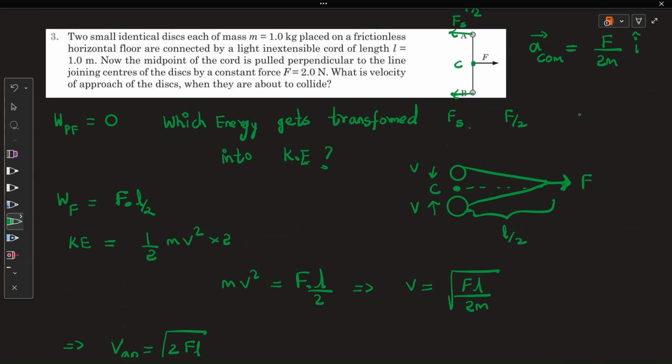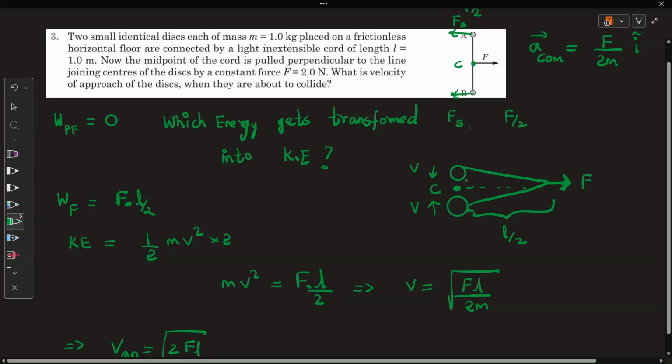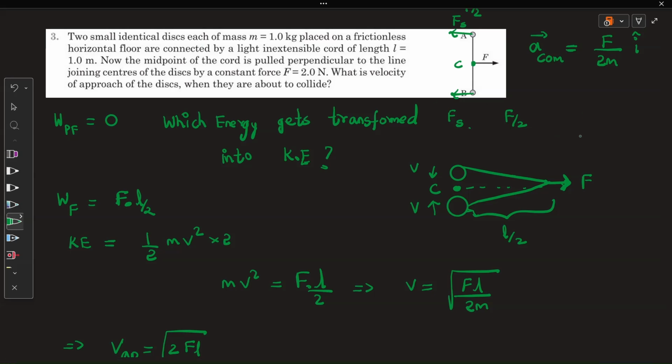Now this question gets complicated if we do not consider the center of mass as the frame, so we have to consider the center of mass frame to make it easier. Try doing it without the center of mass frame and without conservation of energy.